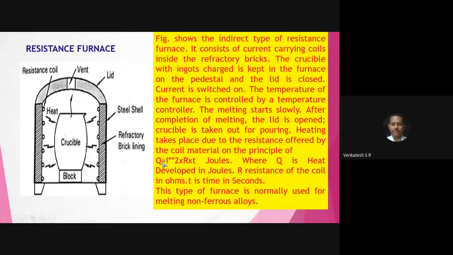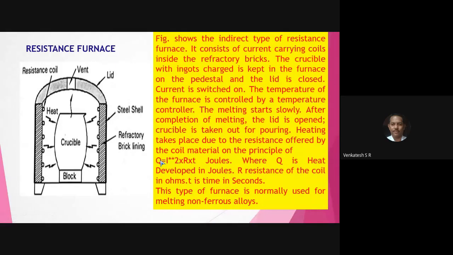Q equal to I square R T. Here I is the current supplied, R is the resistance of the coil, T is the time in seconds, and Q is the heat developed in the coil, in joules.